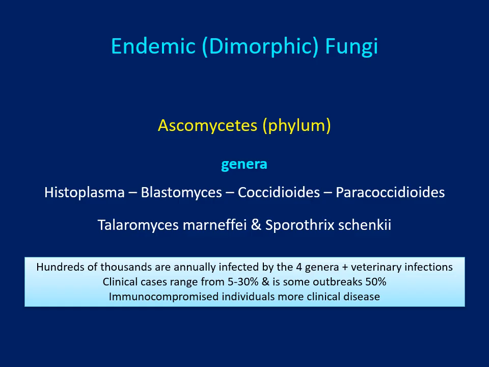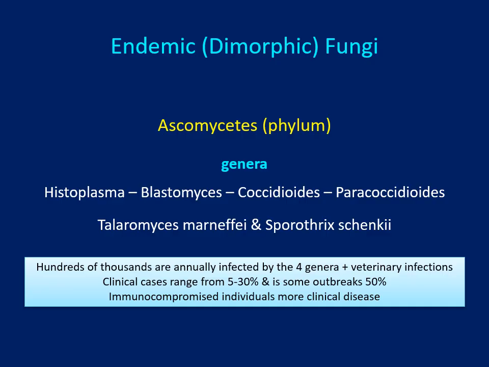The phylum is Ascomycetes, and we have main four genera: Histoplasma, Blastomyces, Coccidioides, and Paracoccidioides. We have two other lesser important genera, the Talaromyces and the Sporothrix schenckii.